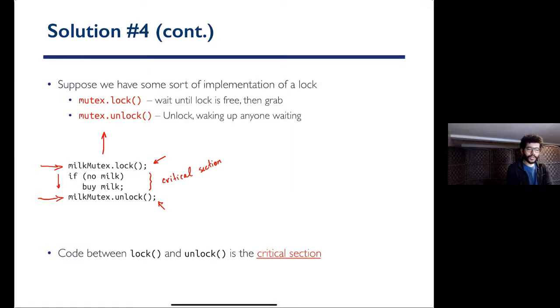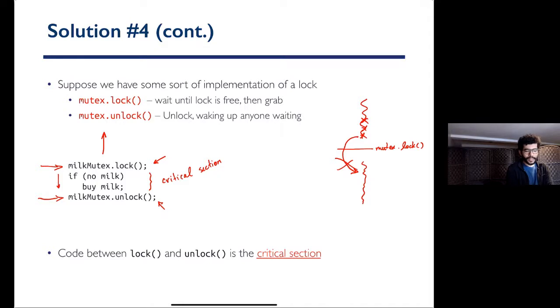So you have some code here, and then you have this mutex.lock, and then some other code here. None of these lines, none of these instructions can be reordered after this lock. So this won't be allowed.